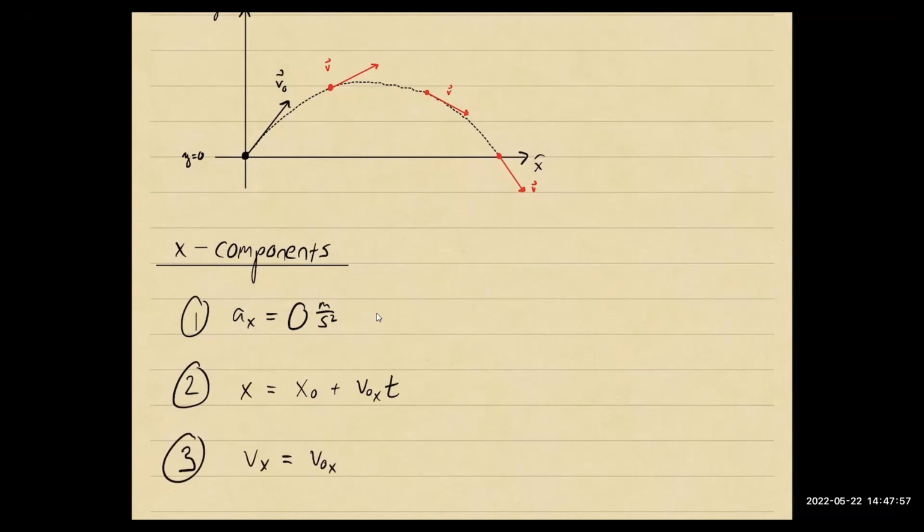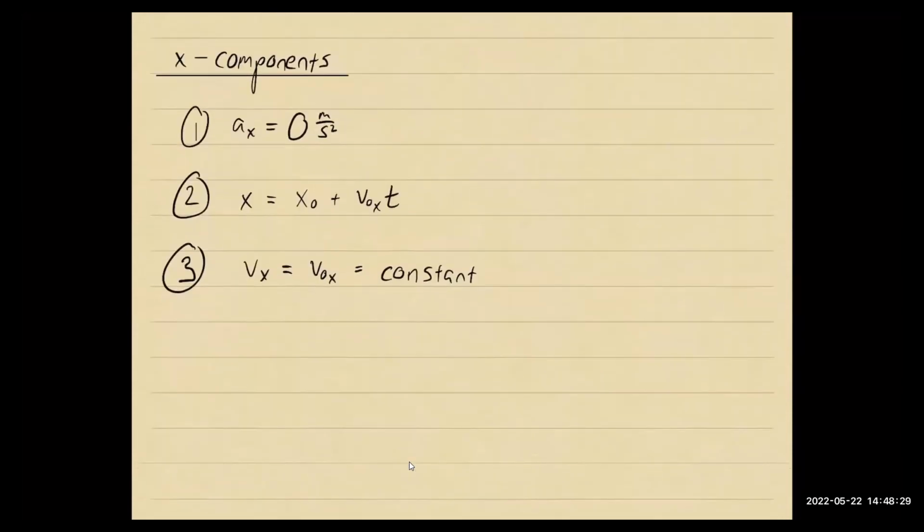So this is going to be a constant, for the reasons I mentioned earlier. If there's no component of the acceleration in the x direction, then our x component for the velocity can't change. So for all intents and purposes, the x component of the velocity when it hits the ground or whatever is going to be the same as when it started. So we're just going to consider that a constant. That's pretty much it for the x component stuff. Now let's look at the y component stuff.